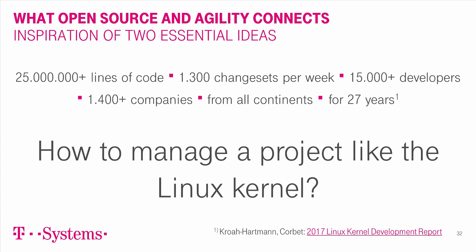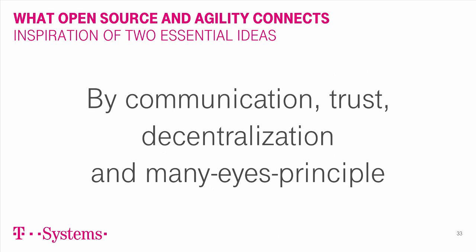Coordinating a project like the Linux kernel requires to combine best agile and open source virtues. It requires communication, trust, decentralization, and a many eyes principle. Have you ever seen the astonishing discussions on the Linux kernel mailing list?